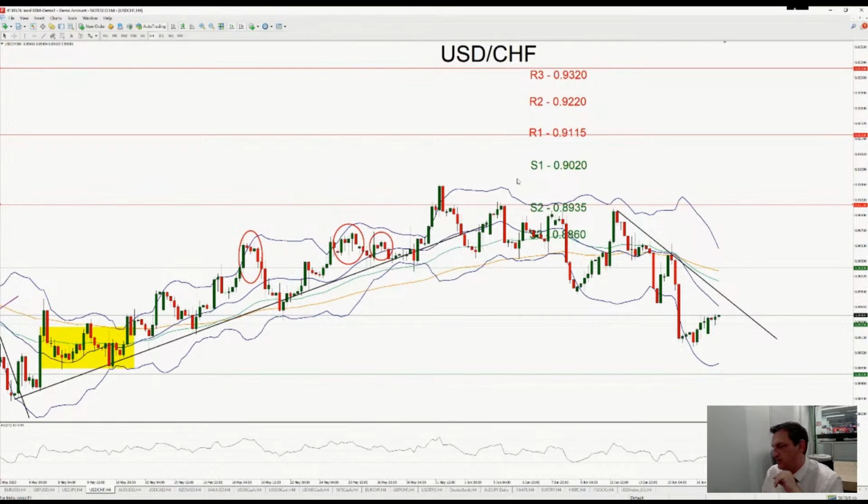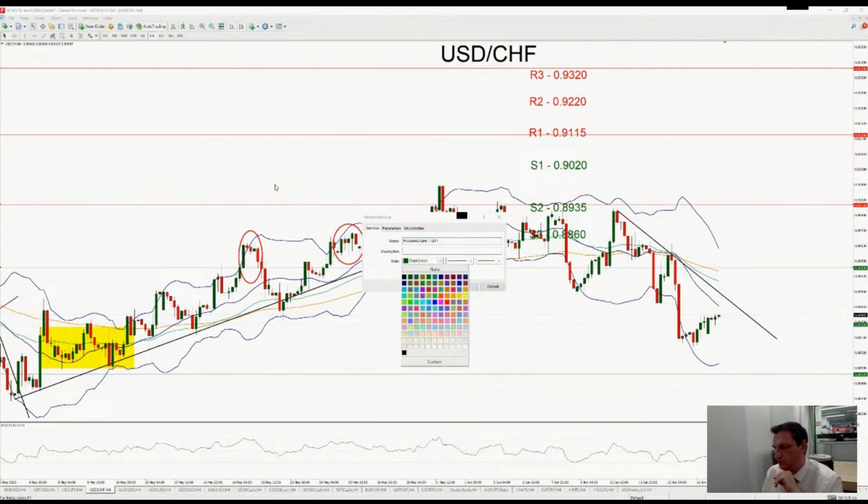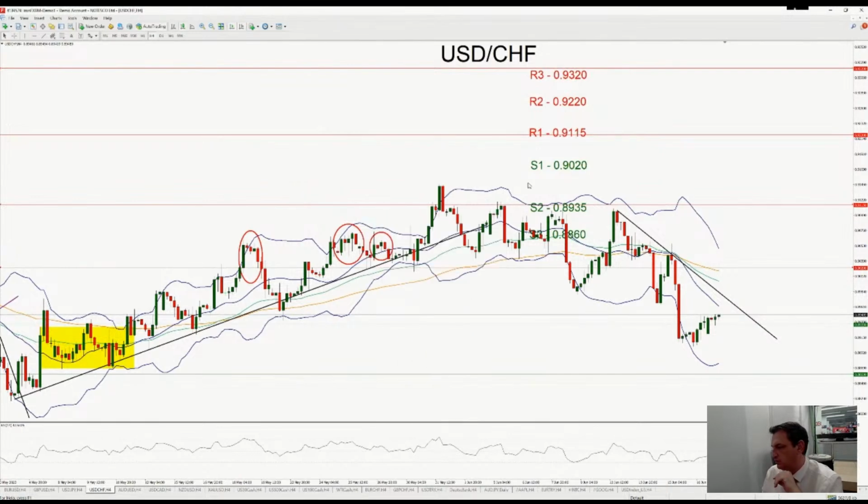But actually now, as the price action has been below it, we have to switch it from support line into resistance line. And let's move this downwards.